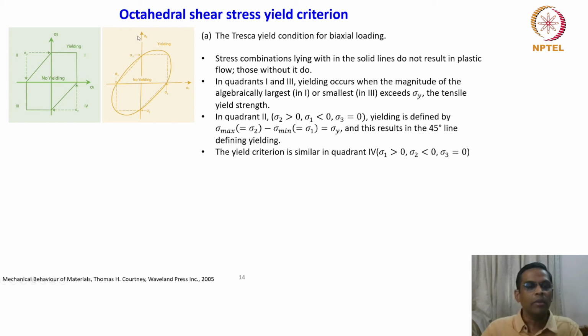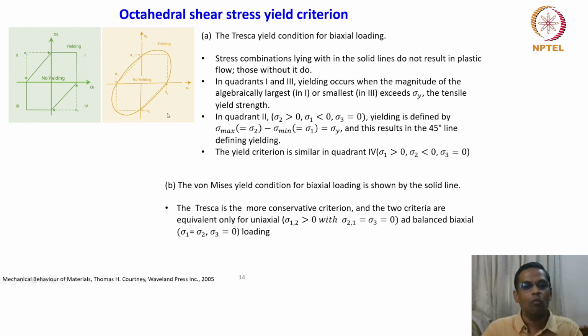So what does this image now show? It is showing the same yield criterion here, but it also plots the von Mises yield criterion, which is the solid line. This is again the von Mises yield condition for biaxial loading, shown by the solid line.